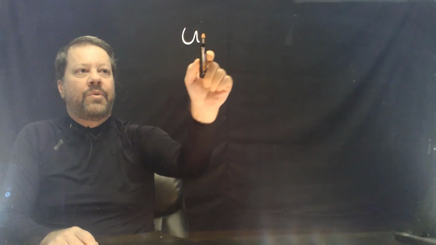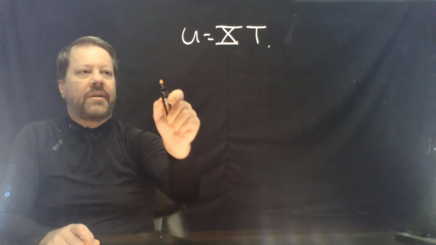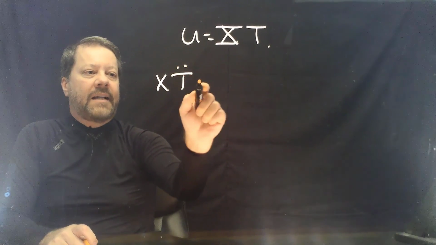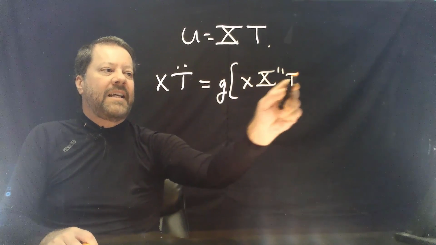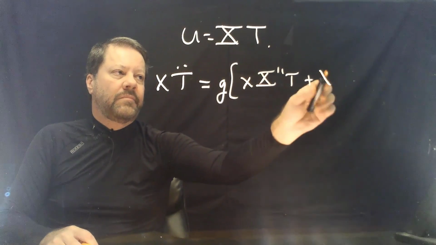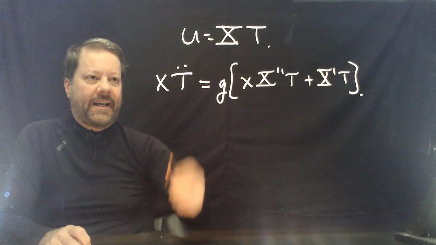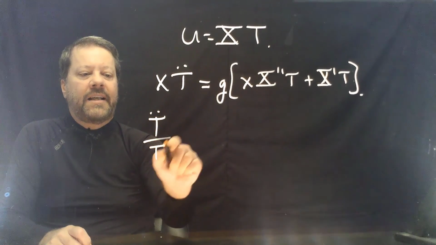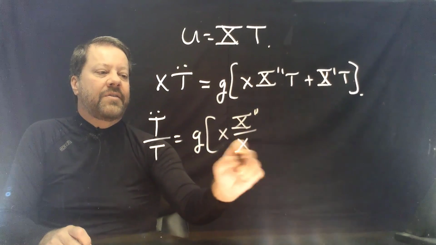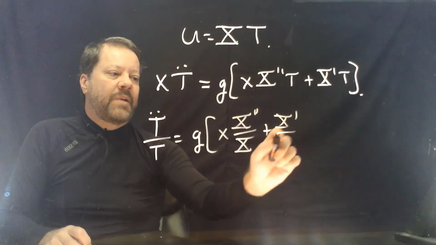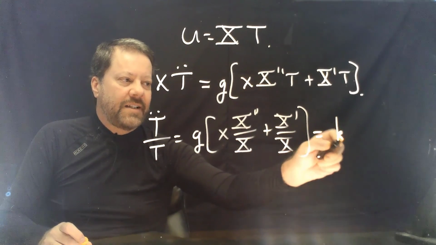We will, of course, assume a separability condition, in which case we'll have X T double dot equals g times X'' T plus X' T. We divide everything in sight by X T. We'll have T double dot over T equals g times X'' over X plus X' over X. This must be equal to some constant k.